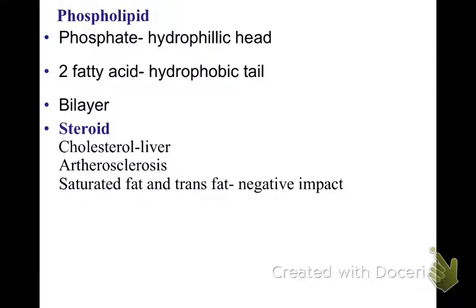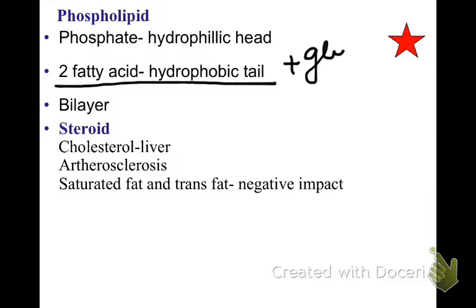Okay, the second kind of lipid that we'll be talking about is phospholipid. So you would have phospholipids, which are comprised of 2 fatty acids, 1 glycerol molecule, and 1 phosphate group.